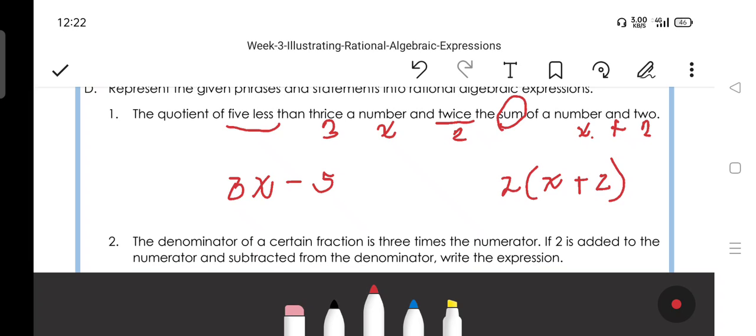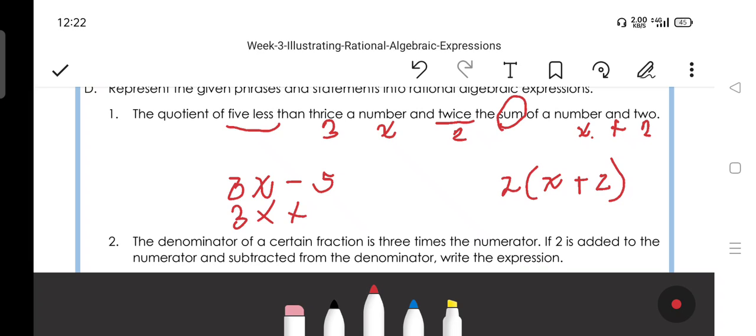Supposing we have 7 less than thrice a number, that means 3x minus 7. Let's say 3 more than thrice a number, that means 3x plus 3. More than means plus.